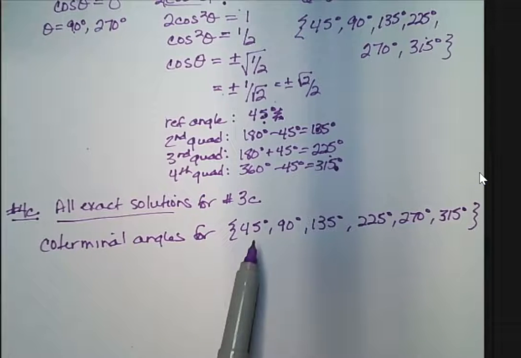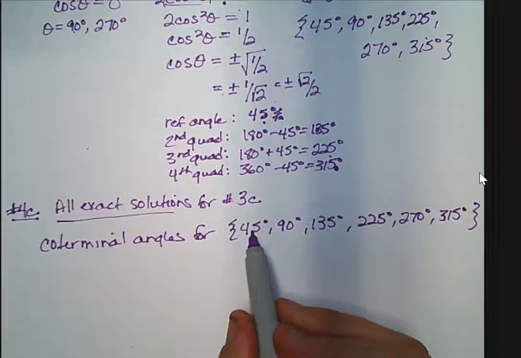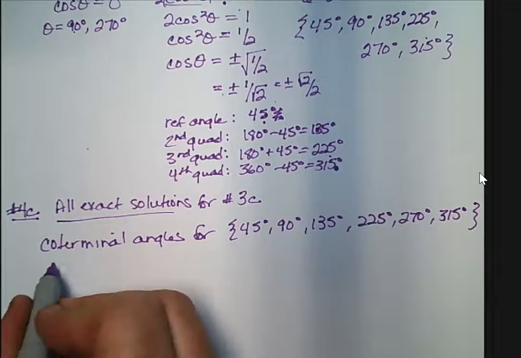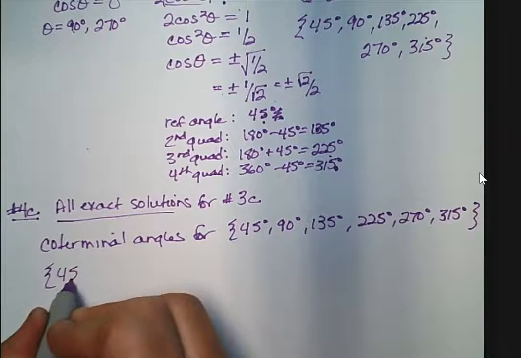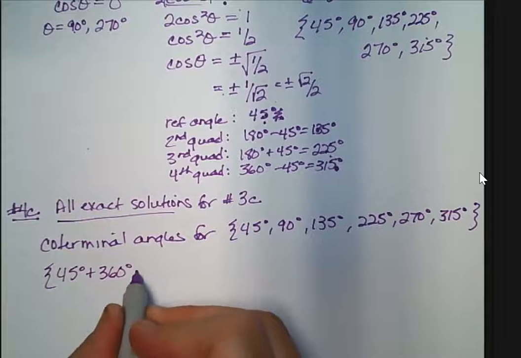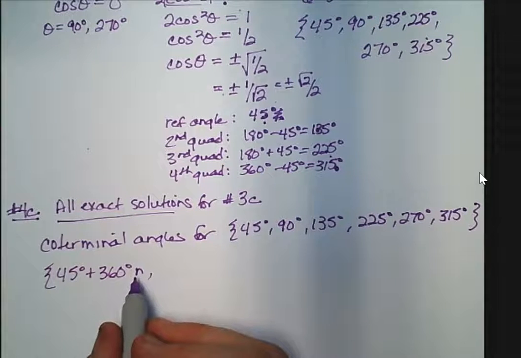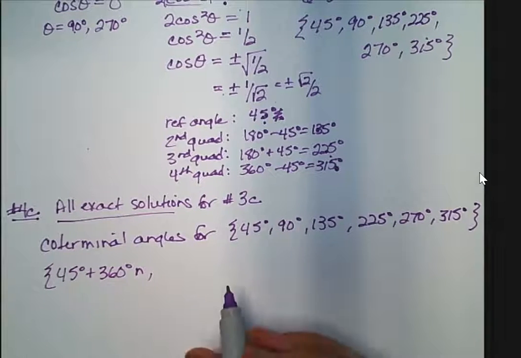If we're going to do the coterminal angles for each one of these, all that means is that we're going to take each one of these and add multiples of 360 degrees. We could write this as 45 degrees plus 360 degrees times n. N can be any positive or negative integer. So this gives us all of the coterminal angles.